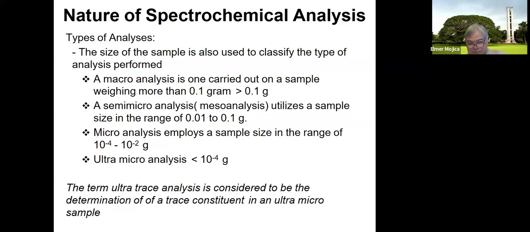And if it's less than that, 10 to the negative 4 gram, you can have the ultra micro analysis. So sometimes they use the ultra trace, considered to be the determination of a trace constituent in an ultra micro sample. So ang liit na nga, talagang pinaliit pa. So those are, we could say, the term that you have.